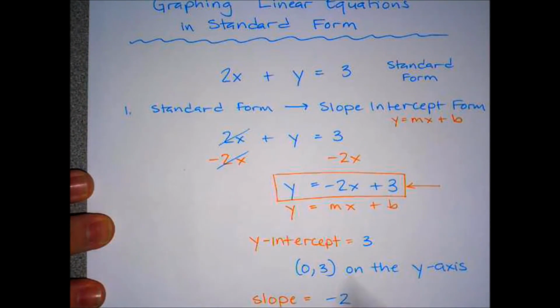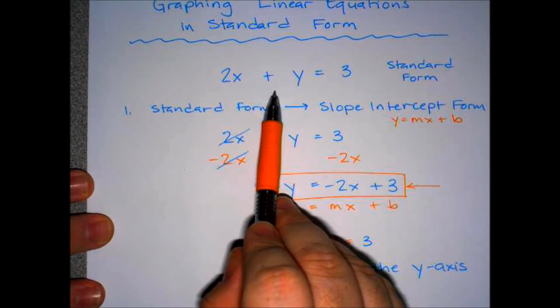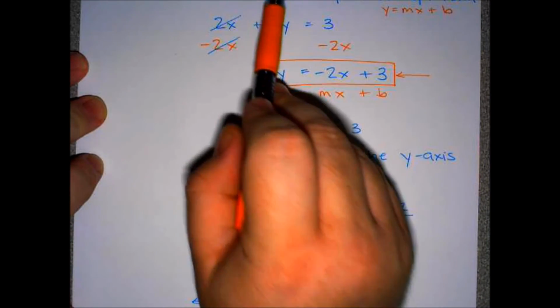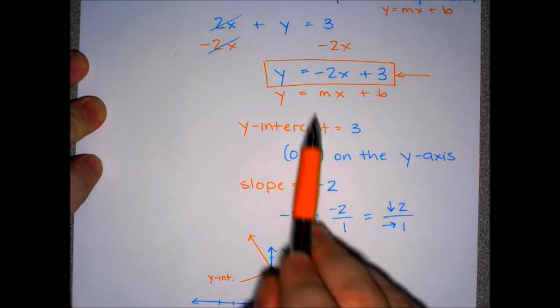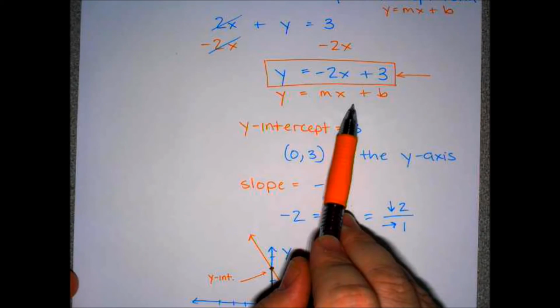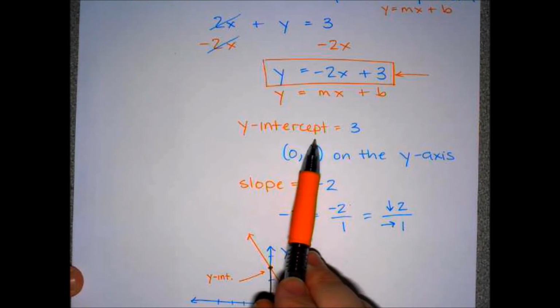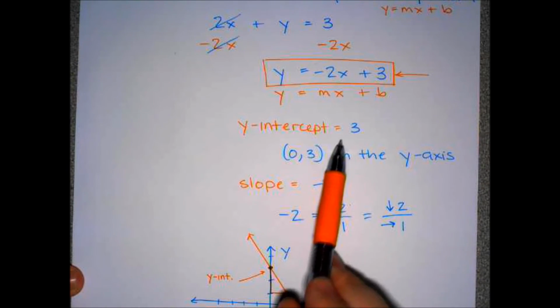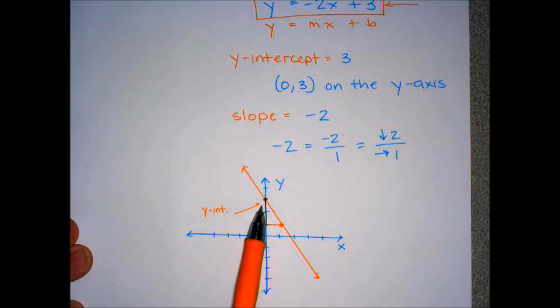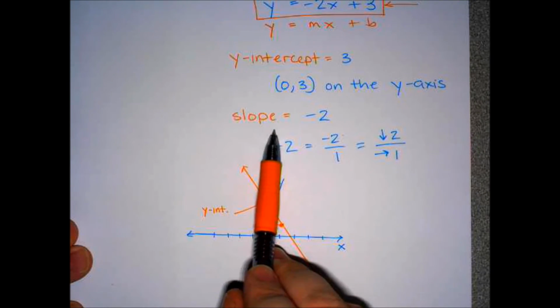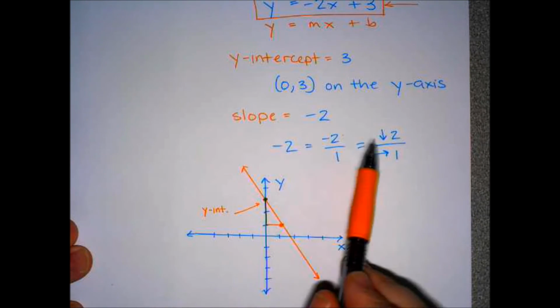We started with an equation in standard form. Then, we translated it into slope-intercept form. And using that form right there, we determined the y-intercept, found it on the graph right here, determined the slope, negative 2, so we knew that we had to go down 2 and over 1.